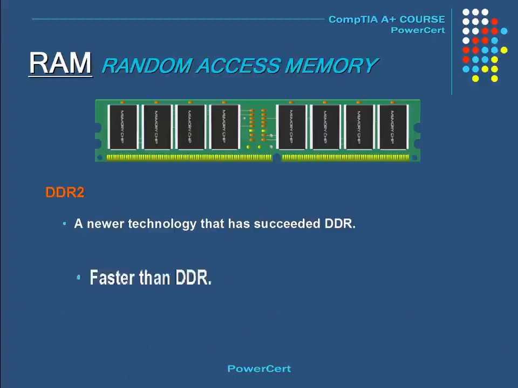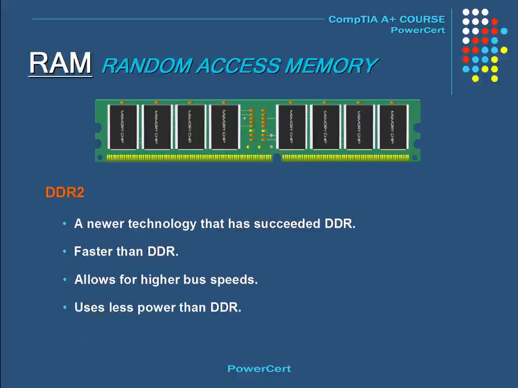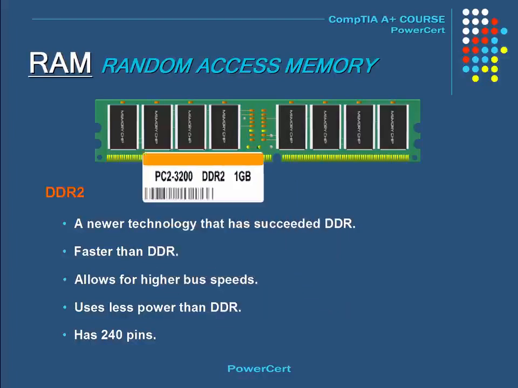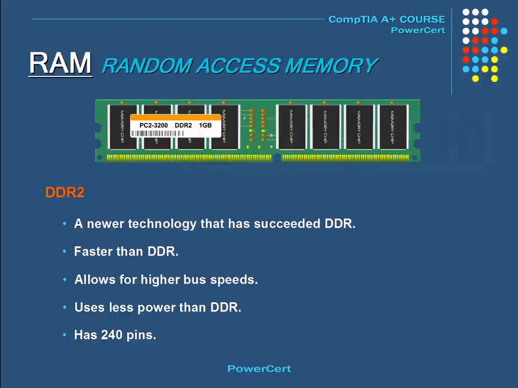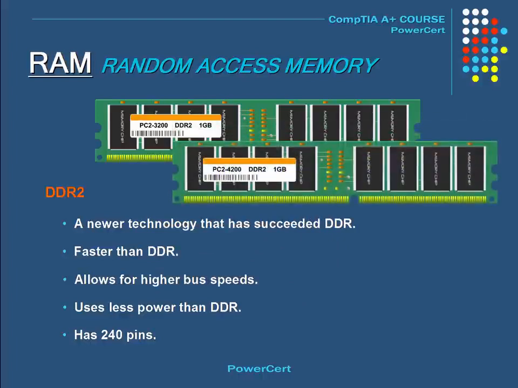DDR2 is faster than DDR because it allows for higher bus speeds, and it also uses less power than DDR. A DDR2 DIMM has 240 pins, compared to 184 pins on DDR. Some examples of DDR2 are PC2 3200 and PC2 4200.